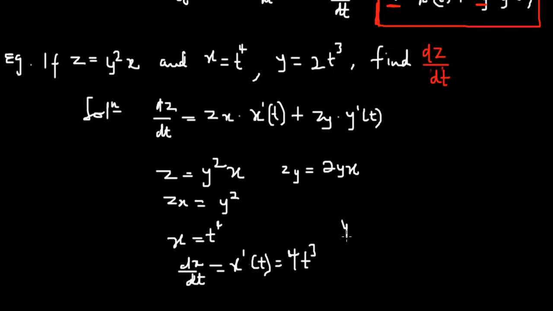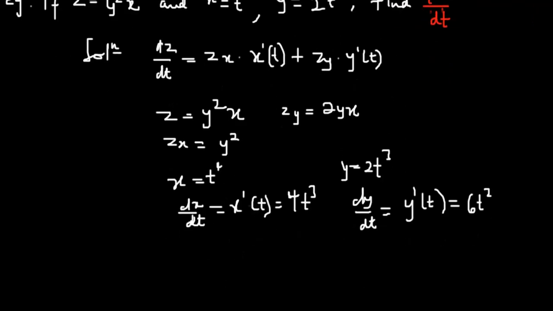The same thing applies to the y. We have y equal to t exponent 3. So when you take the y, the t, you end up with the same thing, it's the same as y'(t). So when you differentiate this, you end up with 3t squared, okay?